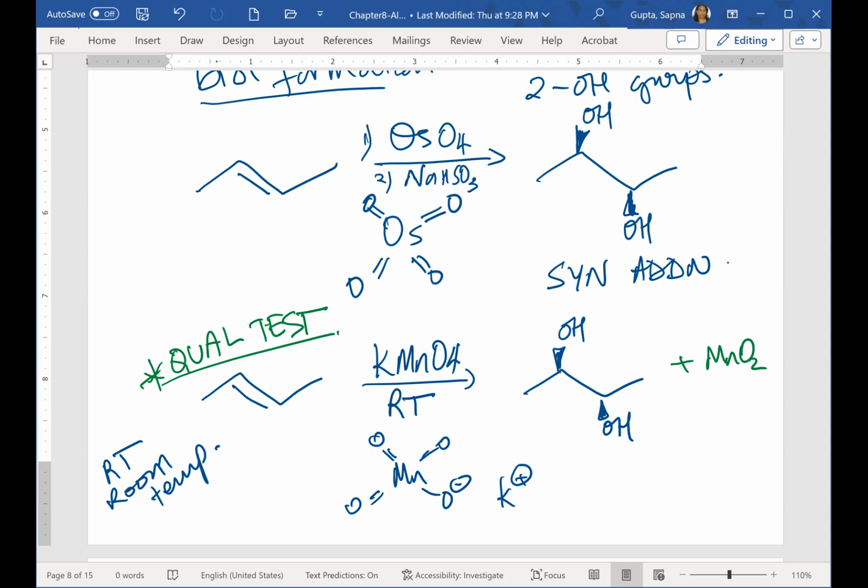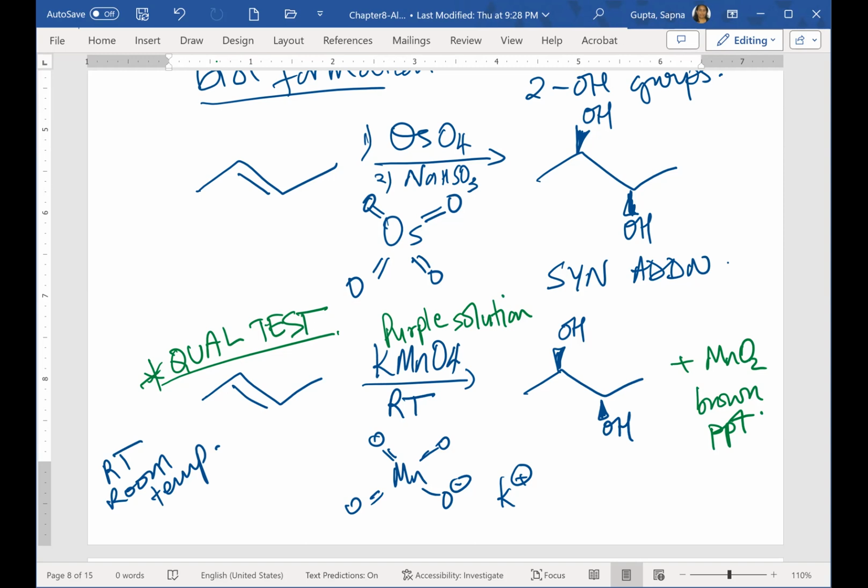What other product you're getting, I have not written because it's not usually our concern that much, but here I am because it's a qual test. And this is a brown precipitate. KMnO4 is a purple solution. So when you add KMnO4 to an alkene, you will end up getting a brown precipitate because the KMnO4 will react with an alkene. If you had an alkane, there'll be no reaction. Your solution will still stay purple. Okay, so it's a qual test.